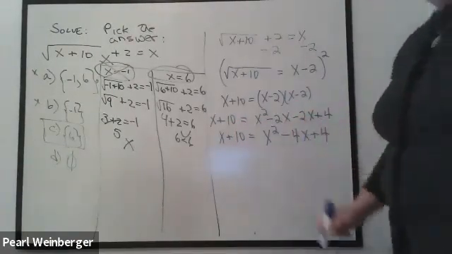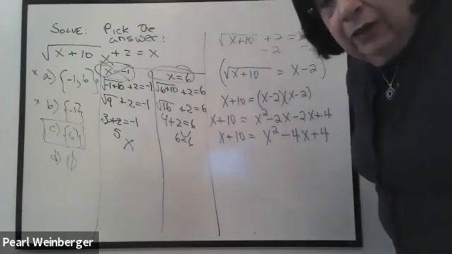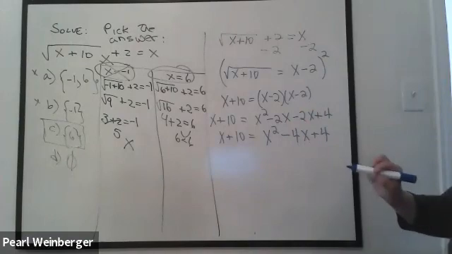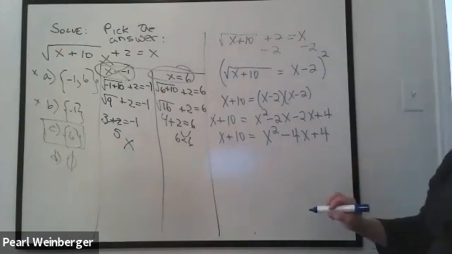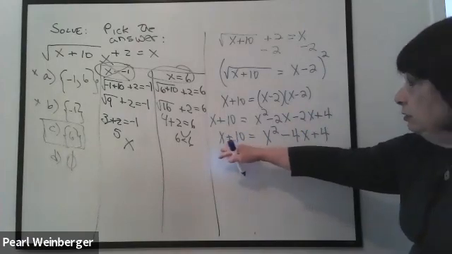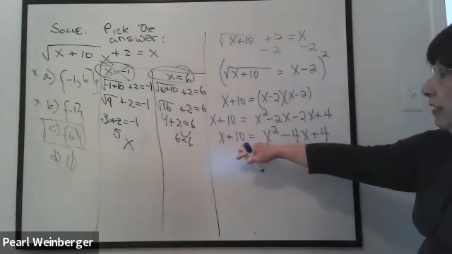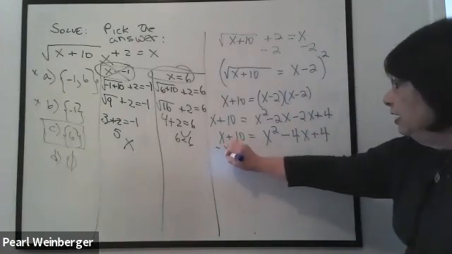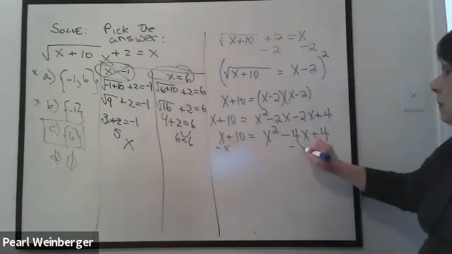And I see what I have here is a quadratic equation because I have an x squared. And I know when I want to solve quadratic equations, I want to get them equal to 0. And it's easier to remove the things from the left side in this case than from the right. So I'll minus x from both sides.